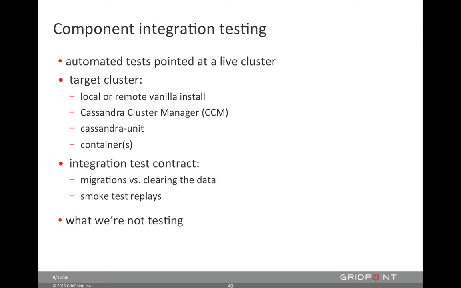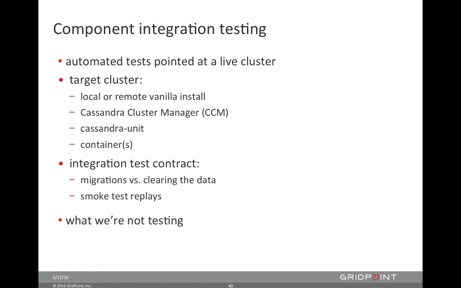For our write path, these tests are inserting data into Cassandra and then verifying the result by querying Cassandra for the data and making sure that every last column in every last row in every table is what it should be. And these are tests that should be able to run on a local developer machine or on a CI server. We have a few options as to what that real live cluster should be.